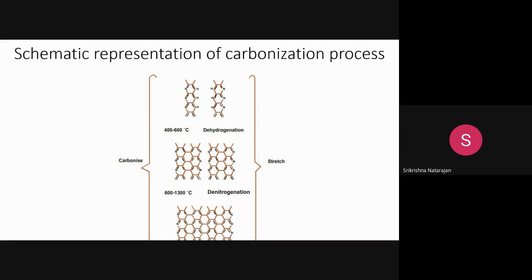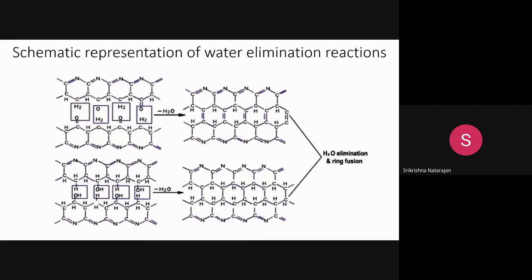Only a small number of nitrogen atoms are present after the carbonization process. If you observe how every product is removed, you can see how the water gets separated out, so that the ring fusion takes place, and the benzene rings which are present here fuse together.